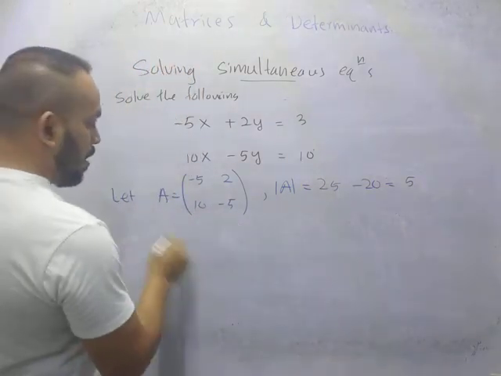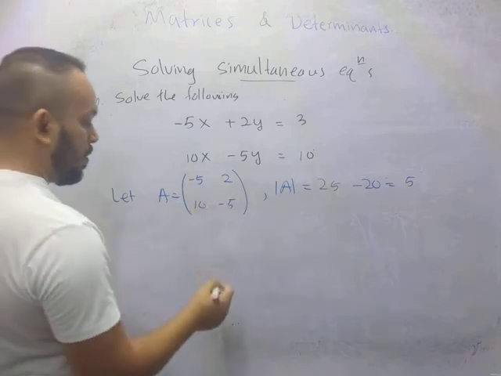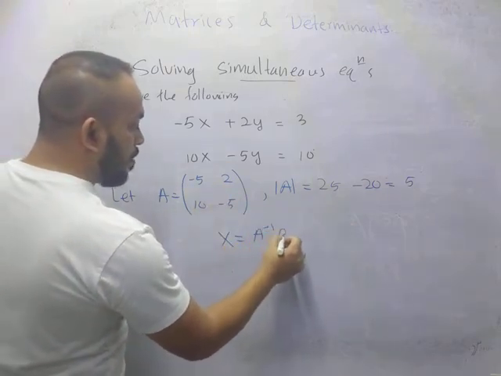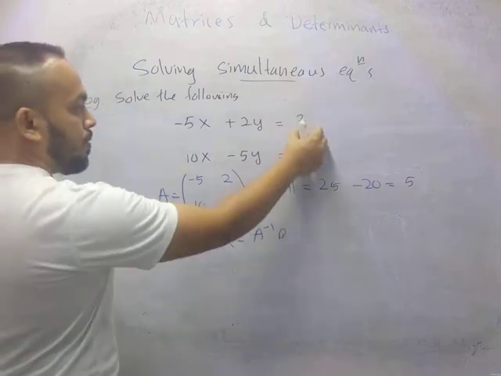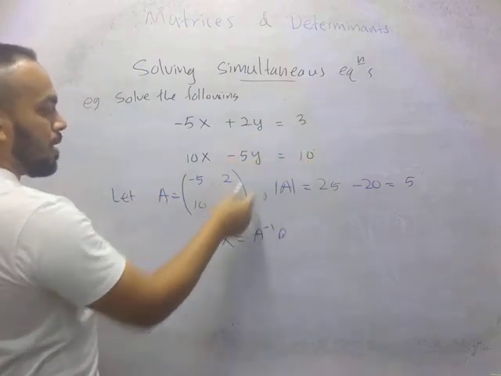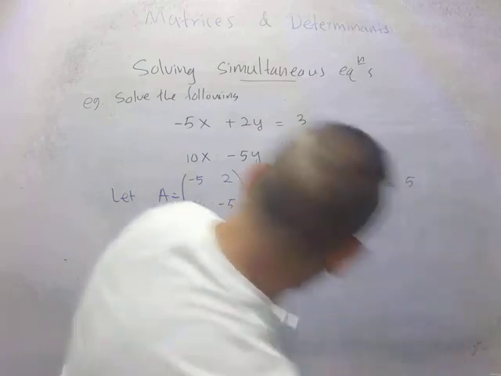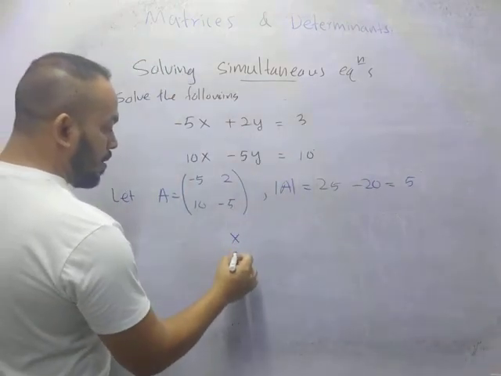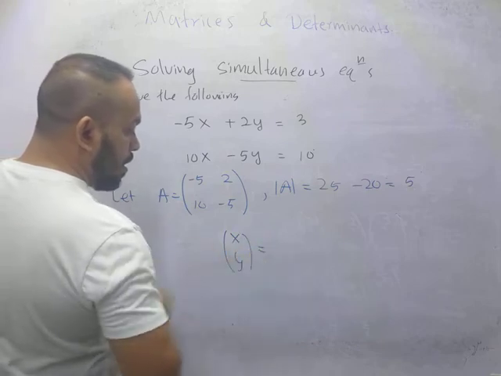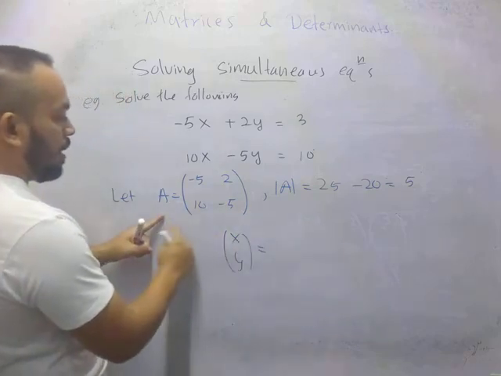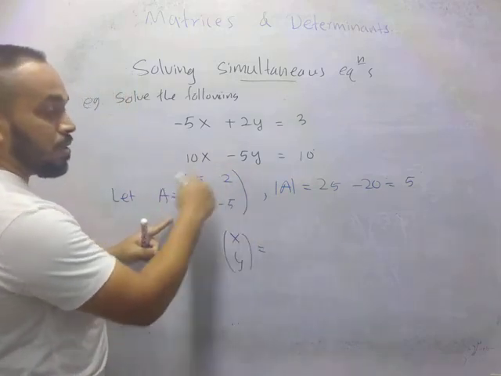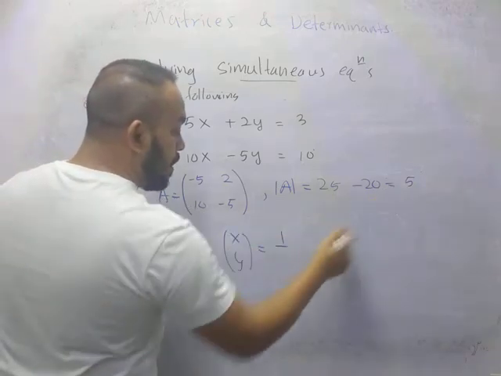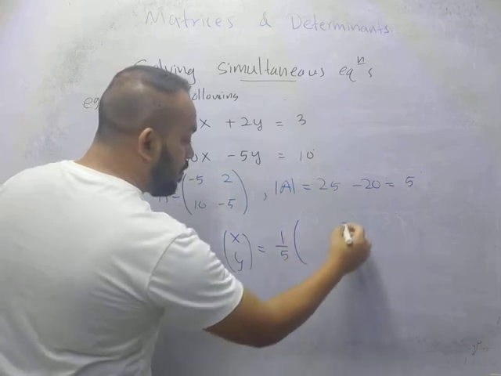Right. Therefore, now you can write down the equation. So the equation is AX equals B, something like this. So B matrix is this, and the X matrix is x over y. So you don't have to write this all the time. Instead you can just write the X, Y matrix is equal to the inverse of this matrix times B. You learned how to find the inverse: 1 over the determinant, that is 5.